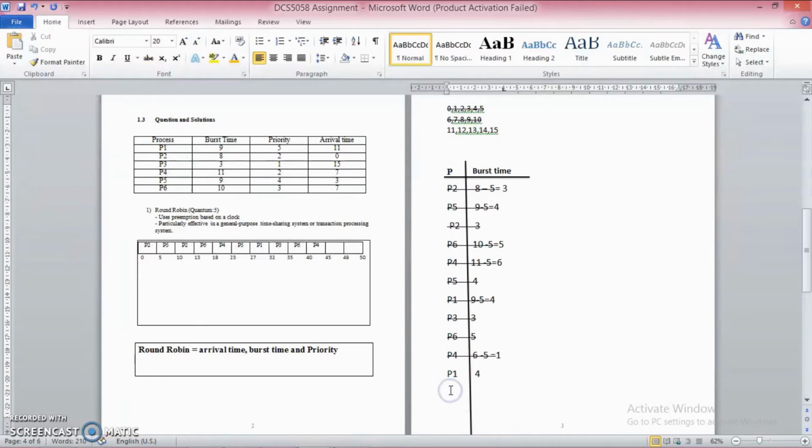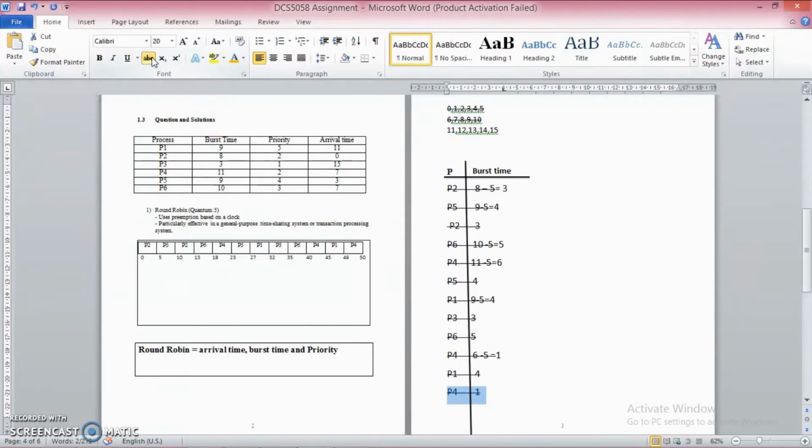Queue back the P4, and the balance is 1, and then P1 again. The burst time is less than quantum time, so as usual, delete it, put P1, and then calculate. P1 is 4, no more P1, and then P4 is less than quantum, so put your P4, and P4 is also done with execution.